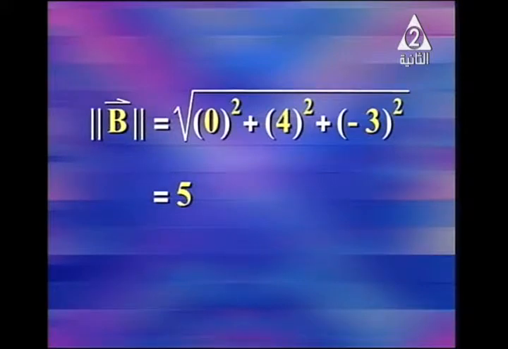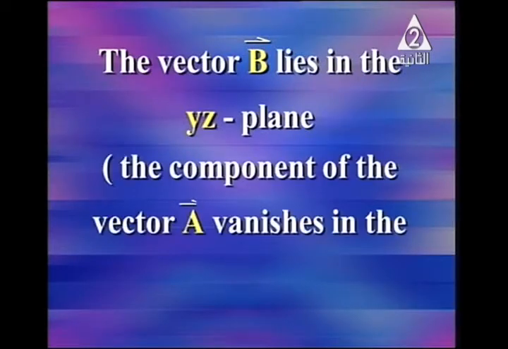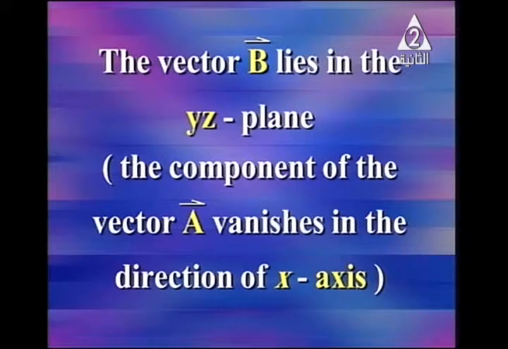Because 4 squared is 16, negative 3 to the power 2 is 9, and 16 plus 9 equals 25. The square root of 25 is 5. The vector B lies in the YZ plane, so its component vanishes in the direction of the x-axis.